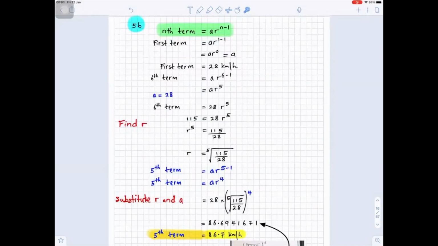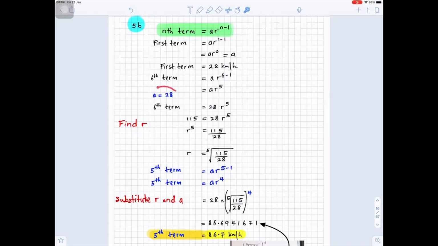For part 5B, the nth term is given by that formula at the top, a r to the n minus 1. For the first term, n is 1, so a r to the 1 minus 1. 1 minus 1 is 0, so r to the power 0 is 1. So it's a. So the first term is 28 kilometers per hour. The sixth term is a r to the 6 minus 1. 6 minus 1 is 5. So the sixth term is a r to the 5.